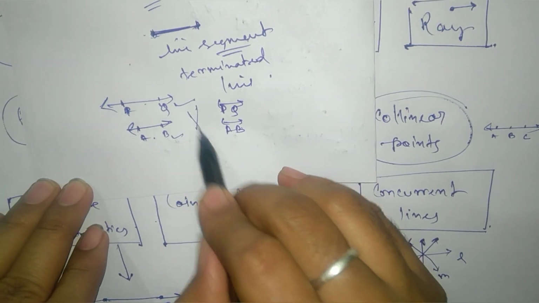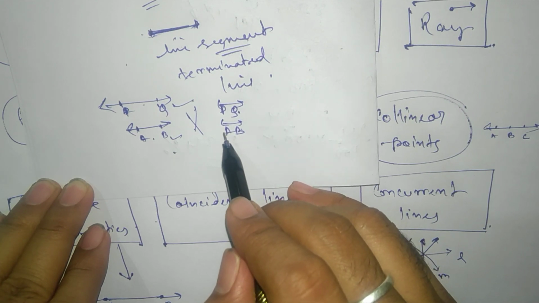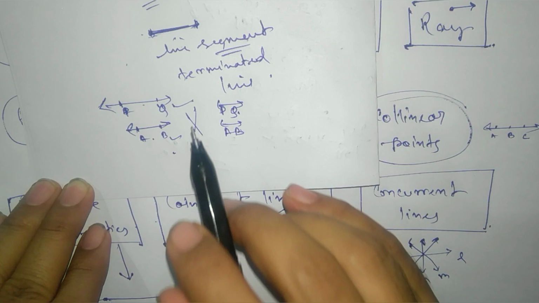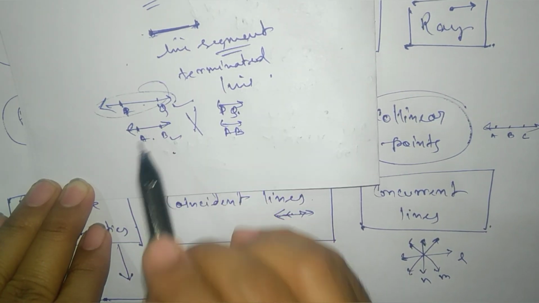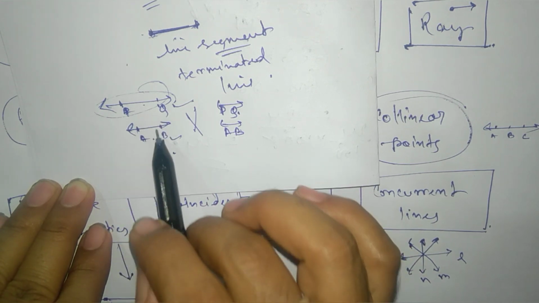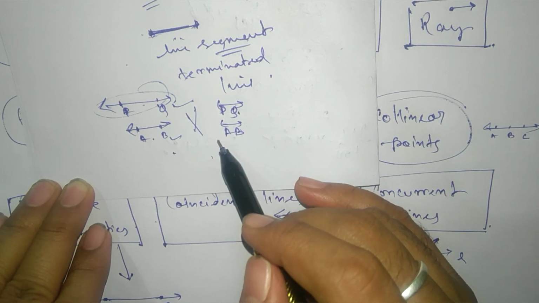We cannot say anything about them, which is equal and which is bigger or smaller. It is not defined exactly. Why? Because we cannot measure. Then how could you say which is equal, which is bigger and which is smaller? So our answer will be that we cannot say anything about them, because a line cannot be measured. Remember this.